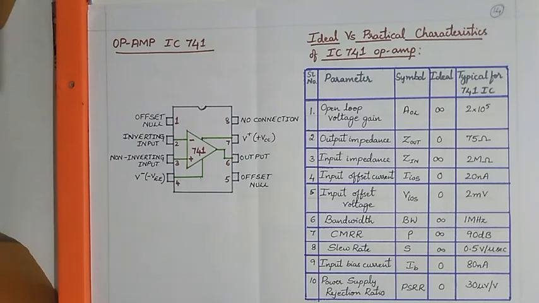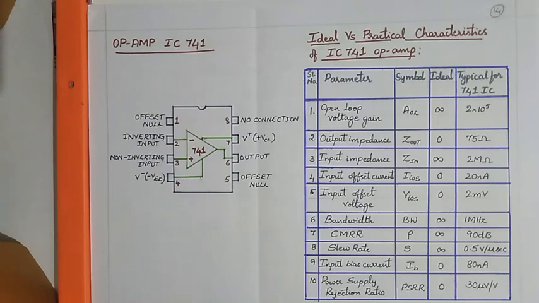Then the bandwidth. Bandwidth is the range of frequencies of the signal over which the op-amp performance is satisfactory. Ideally it is infinite. This infinite value shows that the op-amp can amplify DC as well as AC signals. Practically it is around 1 megahertz.